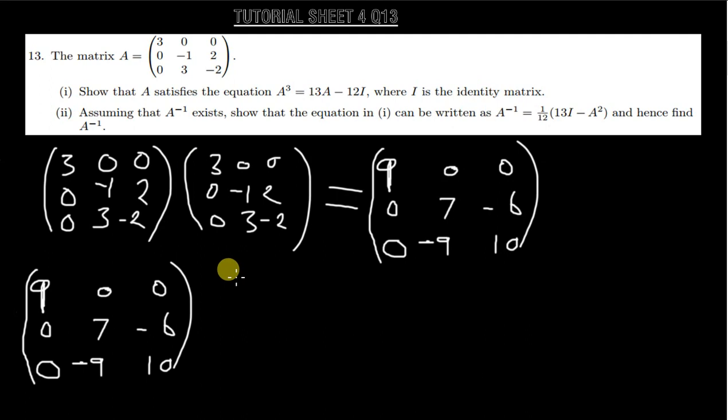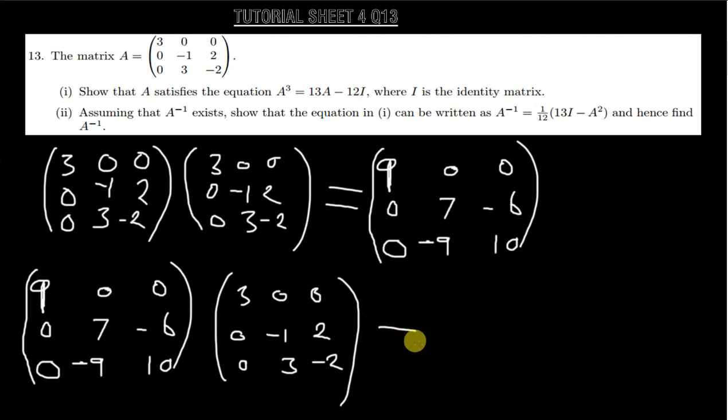So this matrix is 3, 0, then 0. I'm going to have a 0 there, negative 1, 2. I'm going to have a 0, 3, negative 2 there.